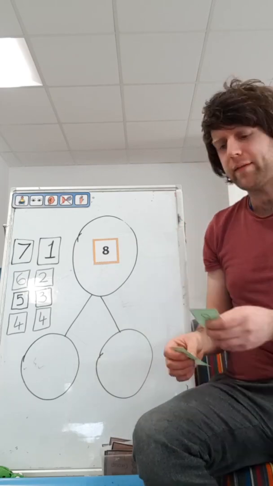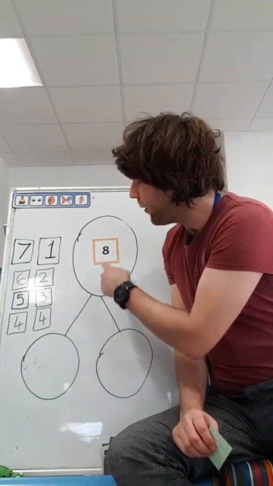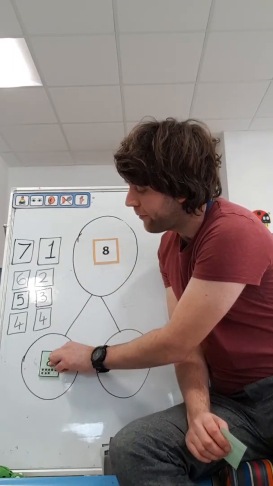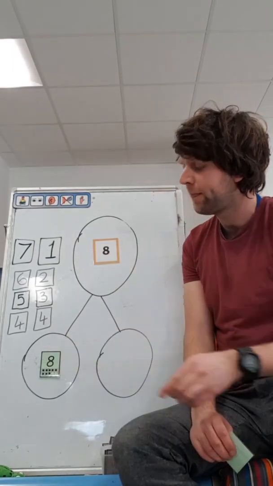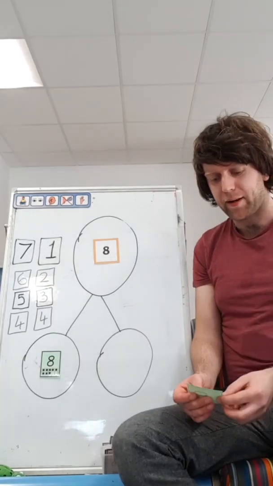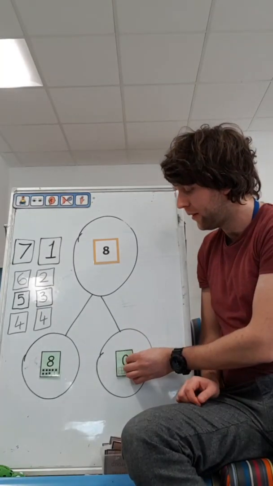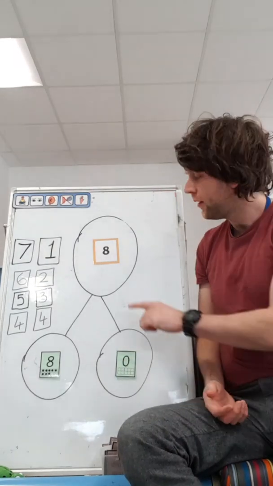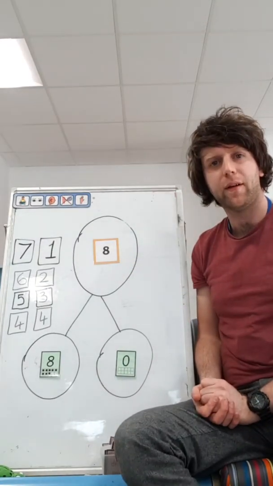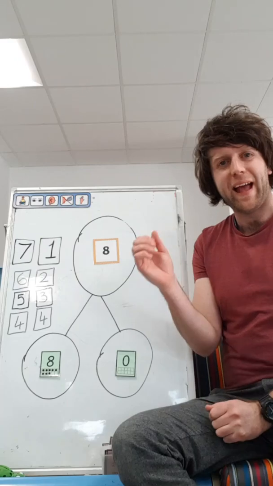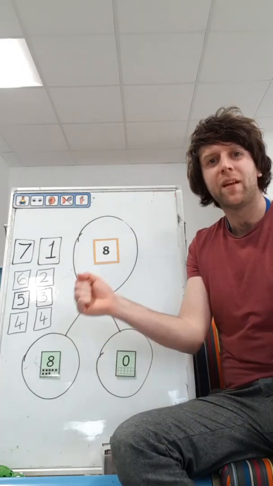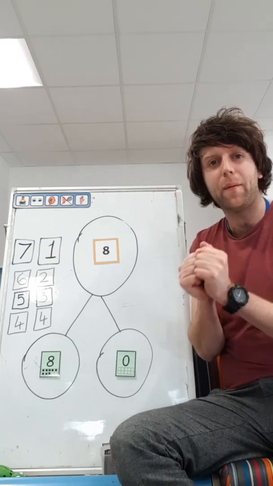So we discovered that with 8 as the whole amount, you could still have 8 as a part and 0 as a part, and 8 was the whole amount.